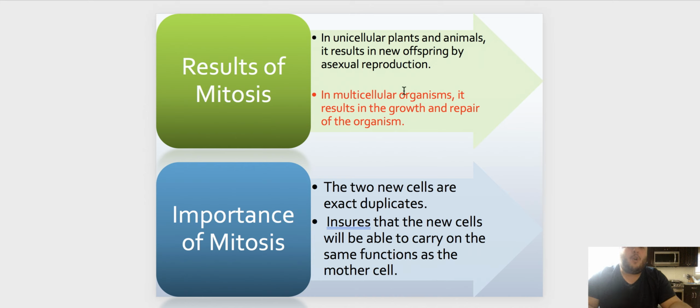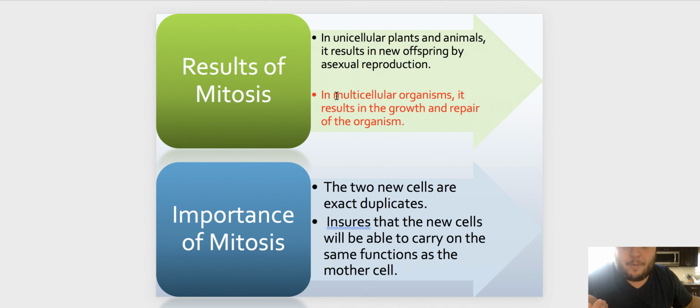If mitosis is occurring in a multicellular organism like us, right, it results in the growth and repair of the organism. So you're not necessarily using mitosis in multicellular organisms to get another multicellular organism. We know that that's not possible. But mitosis works in our cells to grow and repair. So if we have cell damage, mitosis will work to repair and regrow those cells that were destroyed.